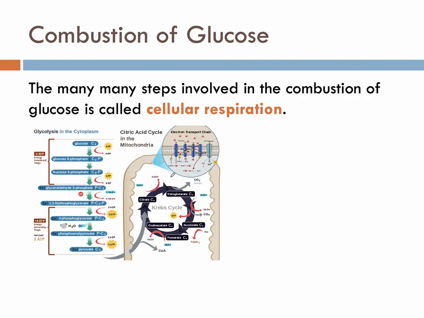So this diagram is just to remind you that this process is not little campfires in your cell. It's not as simple as actually burning the glucose. That process is a very complicated process. The glucose gets broken down into glucose 6-phosphate and then fructose 6-phosphate. It goes all the way through this process, which is called glycolysis. Then it goes into this process, which is called the Krebs cycle.